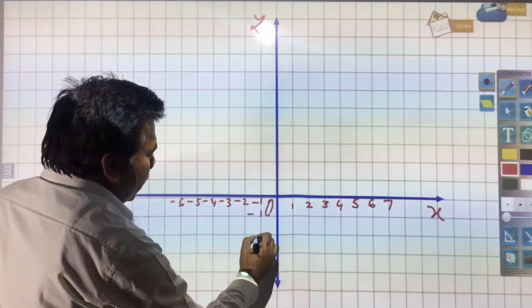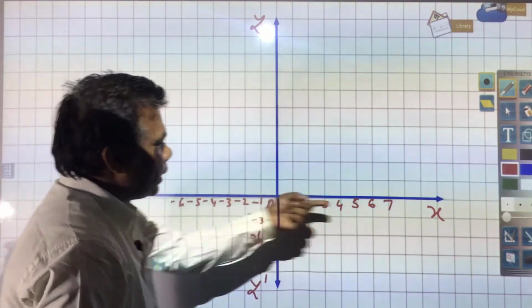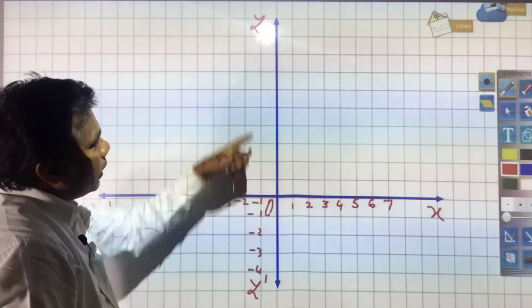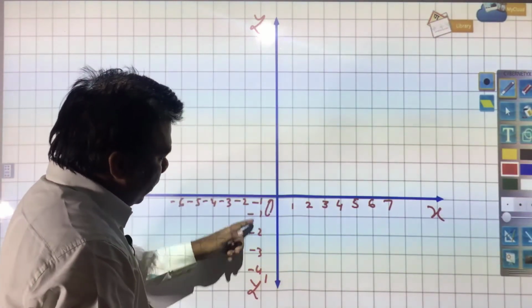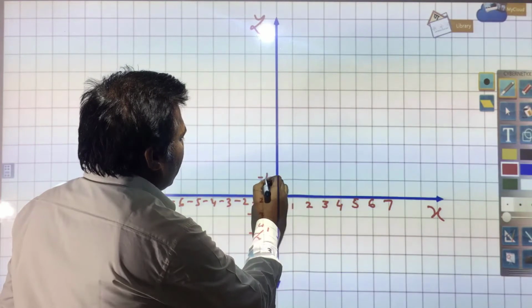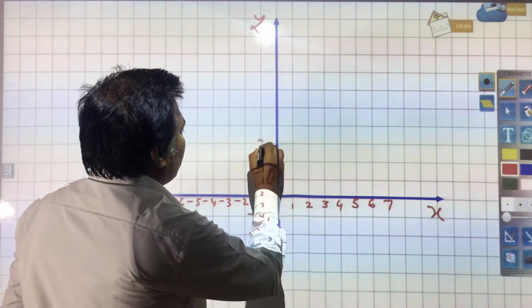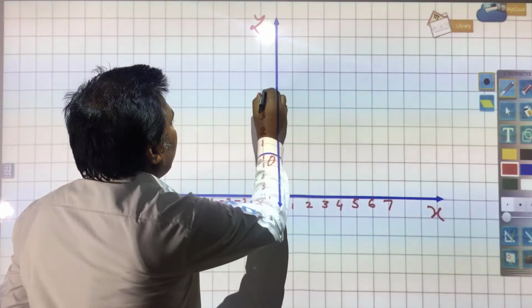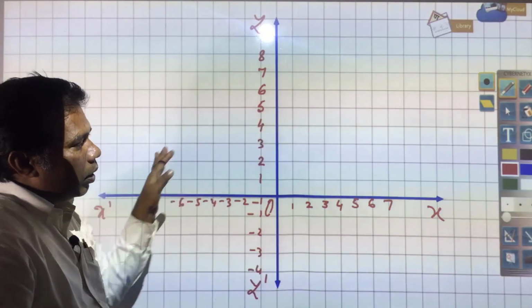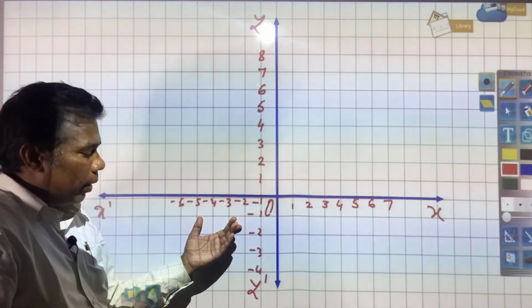This is for the x axis: right side positive, left side negative. For the y axis, below you will have negative and above you will have positive. So, this will be 1, 2, 3, 4, 5, 6, 7, 8 and so on. So, this is your graph, x axis and y axis, two axes you have.